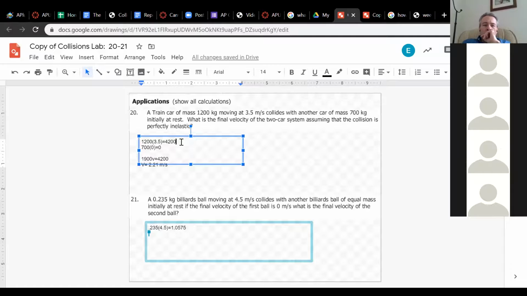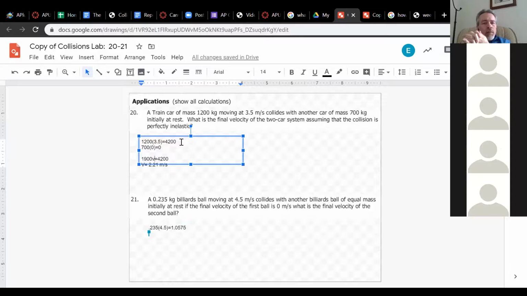The train car, the only one that was moving and had an initial momentum was the first one, and that was going to be 4,200. Then I added the masses together, 1,200 plus 700, and then times v, and that was going to be the total momentum, which was still just going to be 4,200. And then I just solved for v, 2.21 meters per second.